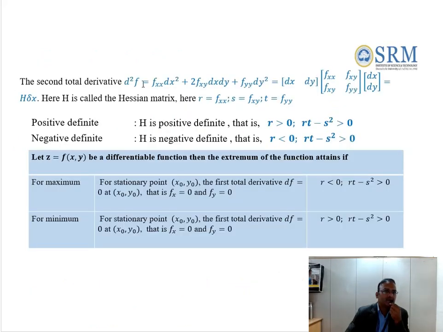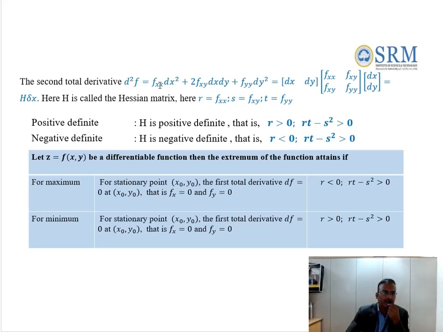So what is your total derivative? The second total derivative d square f equals fxx into dx square plus 2 into fxy into dx dy plus fyy into dy square. It is similar to the quadratic form, which we have already seen.